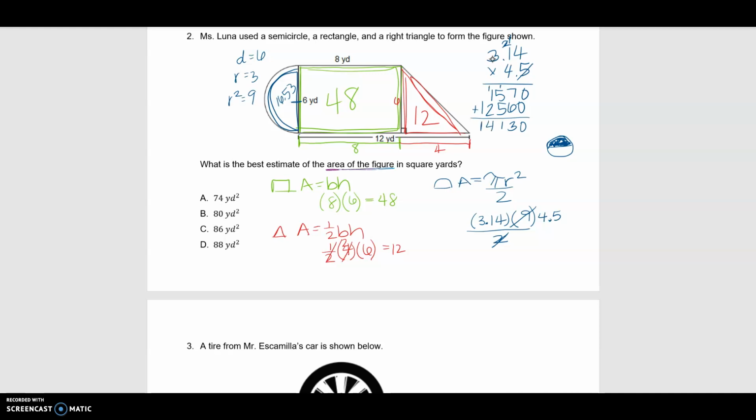I have 1, 2, 3 numbers to the right, so 1, 2, 3 numbers to the right. So I got 14.13, okay?